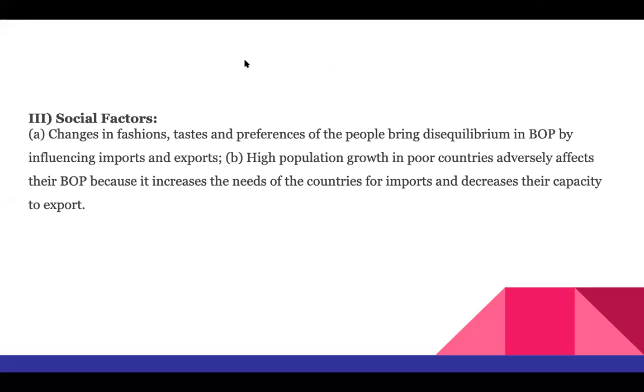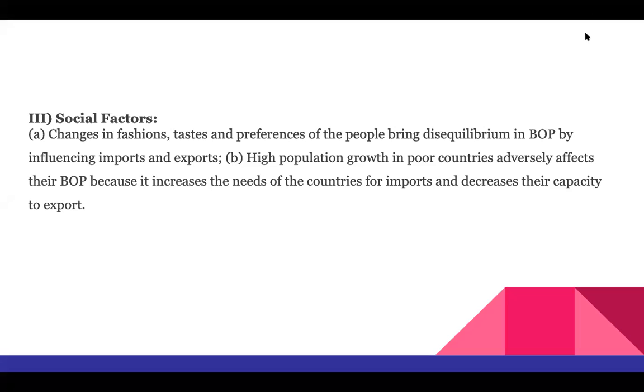Now, high population growth in poor countries adversely affects balance of payment because people start demanding goods and services. When your domestic economy is not able to produce so much to satisfy their demand, you resort to importing these goods. And this decreases the capacity to export because you are not producing them.